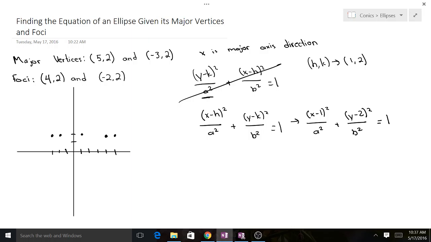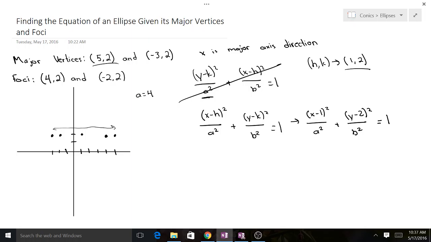Next we have to find a^2. a is half the length of the whole major axis, and the major axis goes from major vertex to major vertex. So we take the distance from the center to either vertex. From (1, 2) to (5, 2), we went 4 in the x direction. Going the other way, from (1, 2) to (-3, 2), is also a distance of 4. So a equals 4.